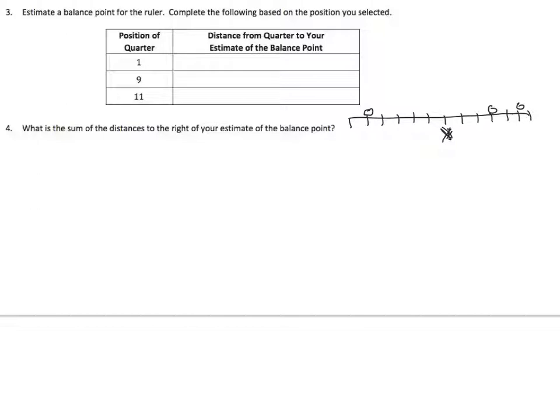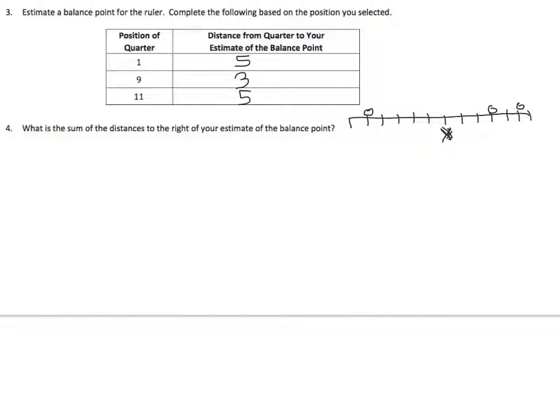So let's do the distance from the quarter to your estimated balance point. From 1 to 6 is 5, from 9 to 6 is 3, and from 11 to 6 is 5. What is the sum of the distances to the right of your estimate of the balance point?